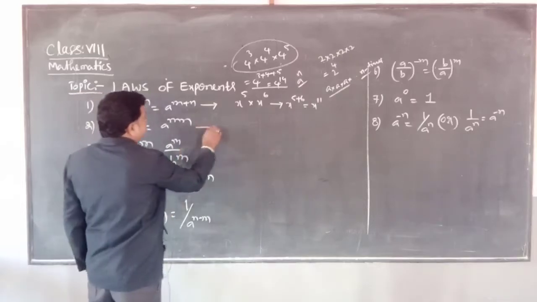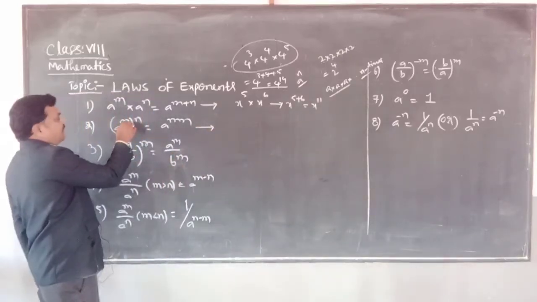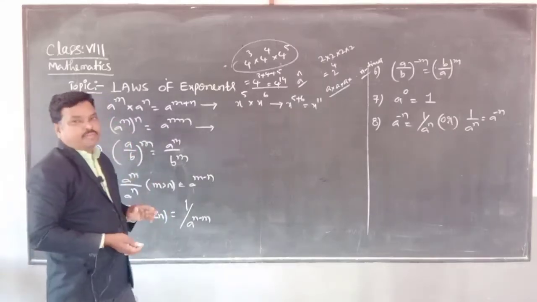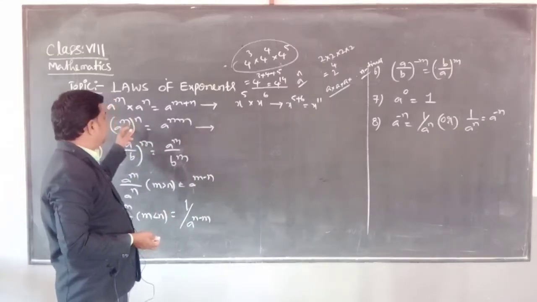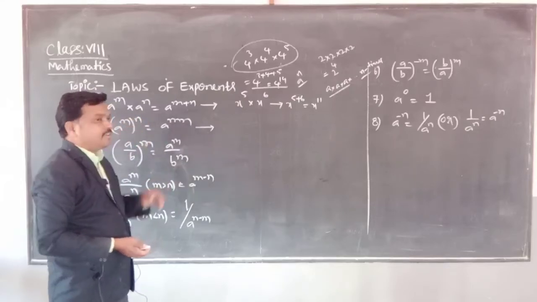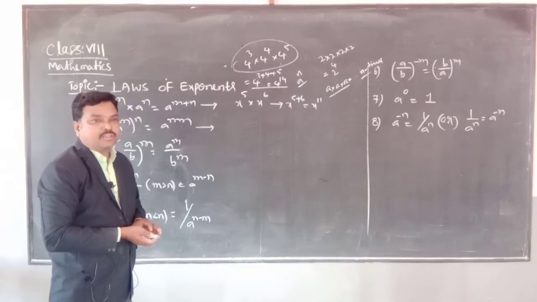The second is a to the power of m, whole to the power of n. Here they have given 2 powers. When they give 2 powers, the 2 powers will be multiplied with each other.